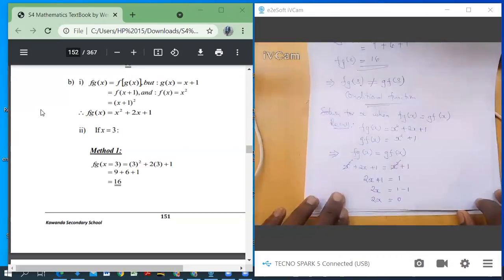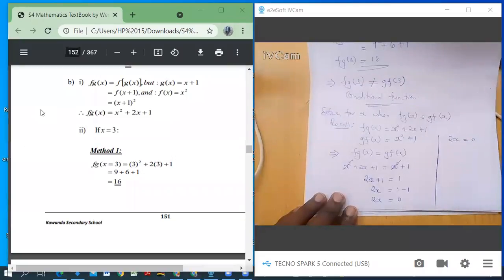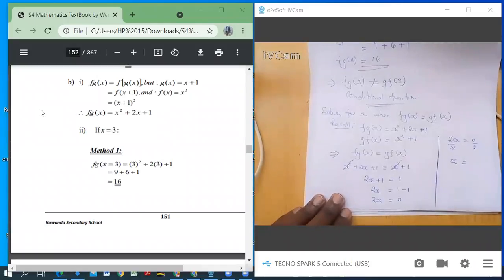If 2x is equal to 0, are we looking for 2x or for x? For x. So we divide both sides by 2, so x is equal to 0.